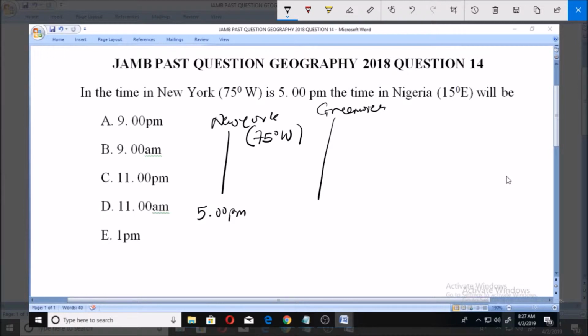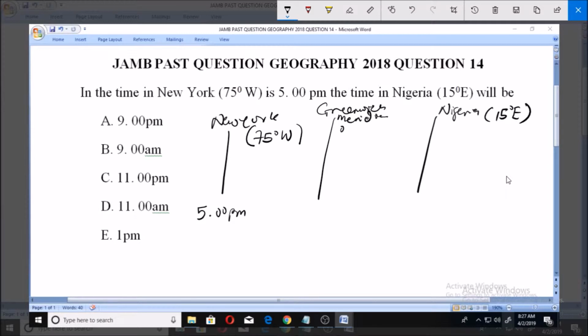And then we have Nigeria, having 15 degrees east. That is the information that we can get from what we have here. We have New York 75 with time 5 p.m., then Nigeria 15. Now we need to know the time that Nigeria should be.